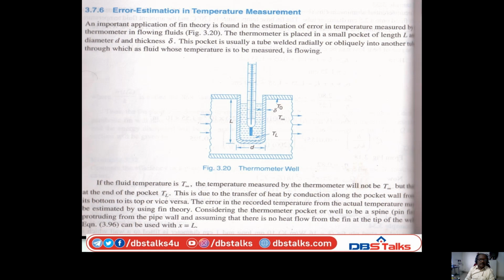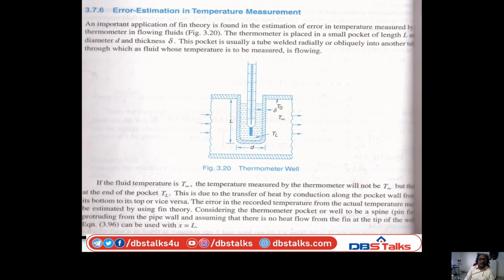When measuring the temperature of any fluid or gas, the thermometer cannot give the actual temperature; it gives some approximate temperature. So what is the actual temperature and what is the percentage of error? For that, we can use the fin concept.